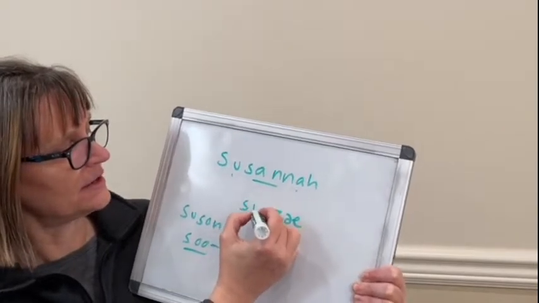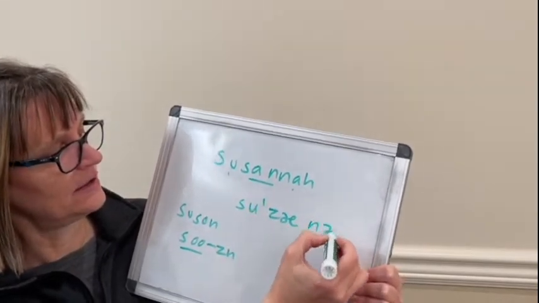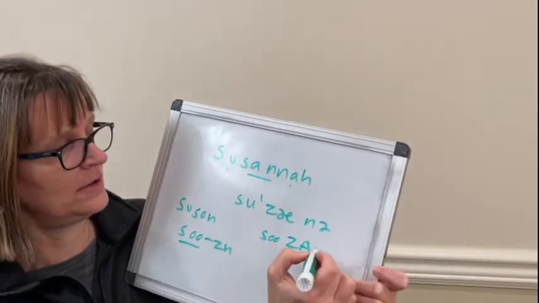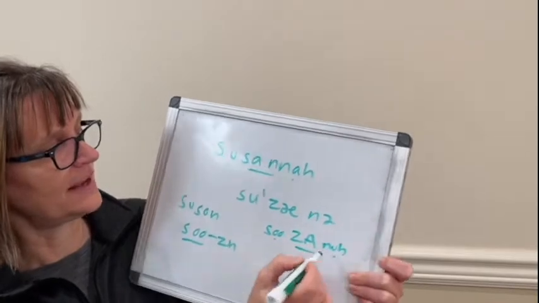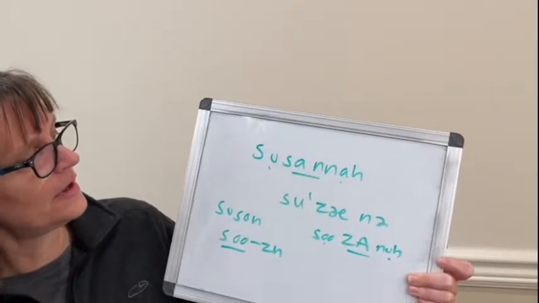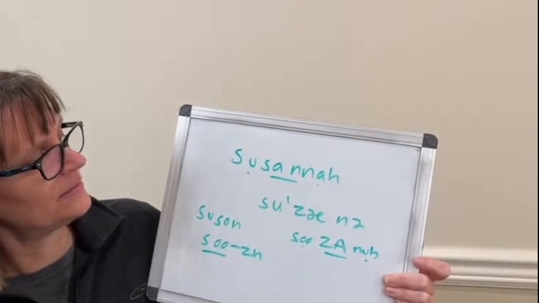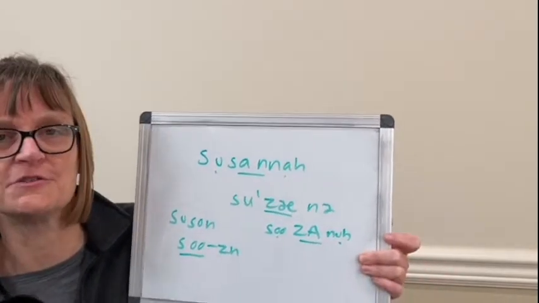So it sounds like Susanna. So thinking about that like Suza, black cat vowel, and na, Susannah. Other places they might say Susannah. Typically for American English, Susannah.